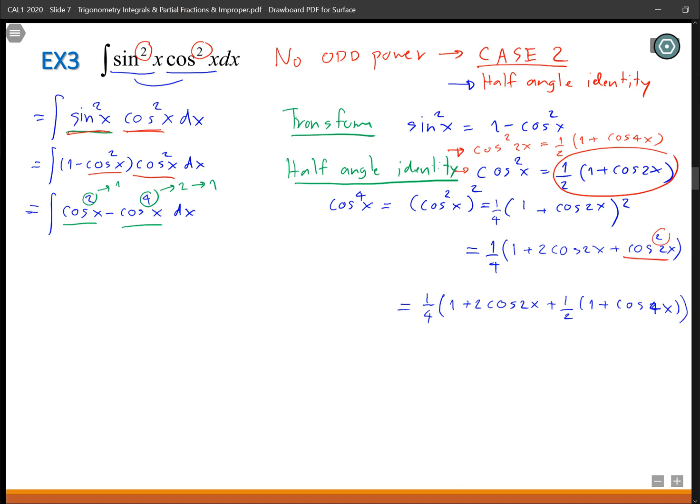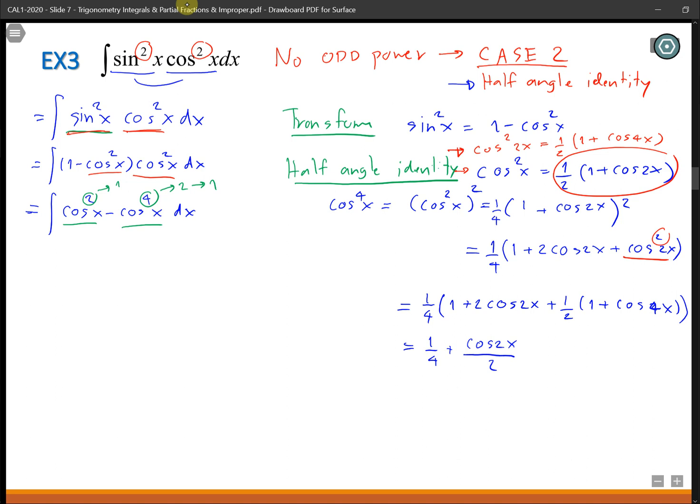Alright, so let's combine all the terms here. We have 1 over 4, the first constant, and we also have 1 over 8. I should do this step by step. So that 1 over 4 is the first term, and then the next term is cosine of 2x divided by 2.